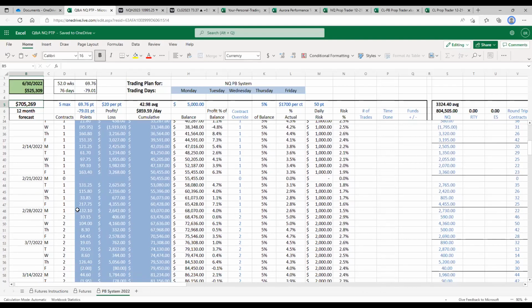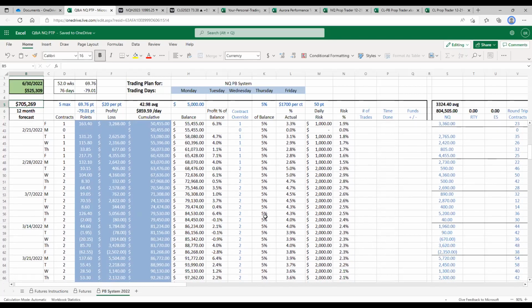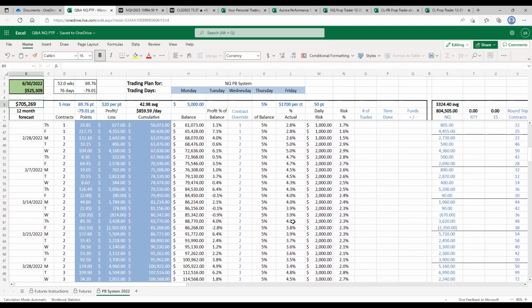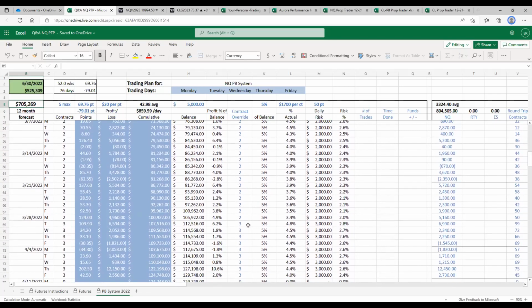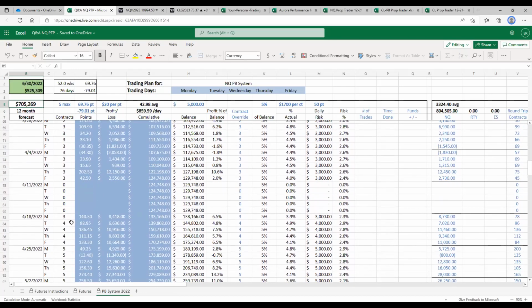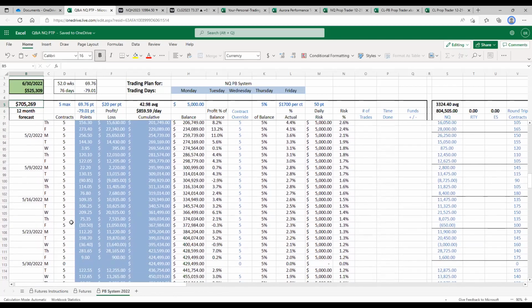So we got to a point where we had enough balance that it scaled us up to 2 contracts. So now we're trading 2 contracts of the strategy. You can see 5% of risk is where it started to. Risk goes down as our balance grows. And then we have enough of an account balance to scale up to 3 contracts. And this continues for 4 contracts and then 5 contracts.